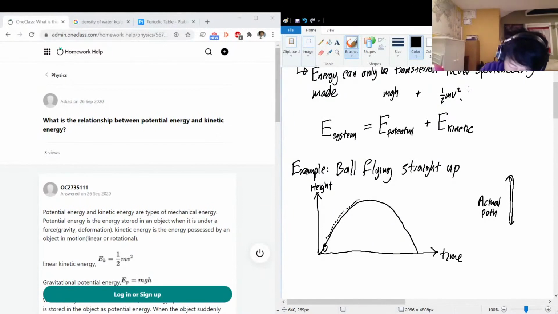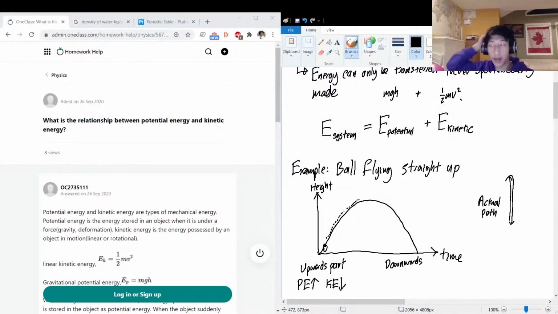So on the upwards part, PE is going up, and KE, kinetic energy, is going down. It's slowing down because of downwards gravitational acceleration. When we're going downwards, more height is more potential energy, so potential energy is going down as we're going down, and kinetic energy is going up.